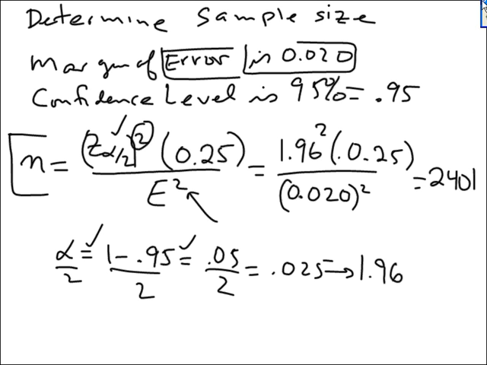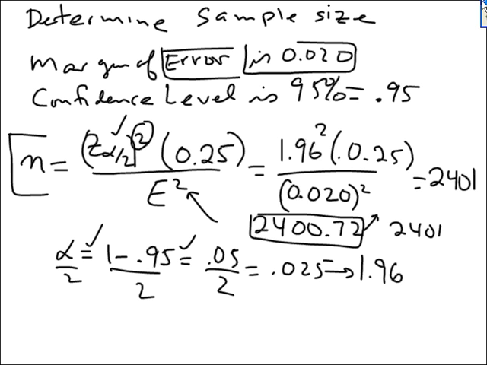If you got 2400.3, you round it up to 2401. If you get 2400.72, you round it up to 2401. Because it requires this amount or more to live up to the 95% confidence interval.